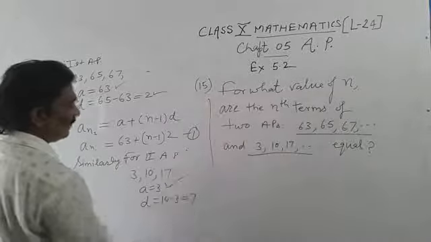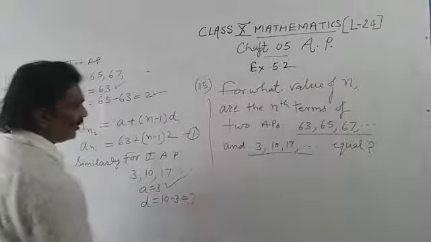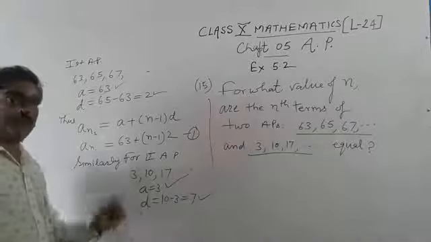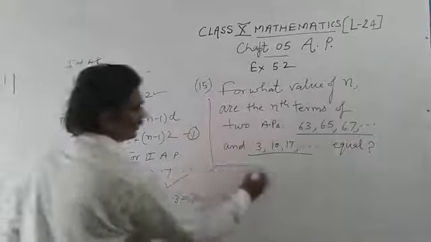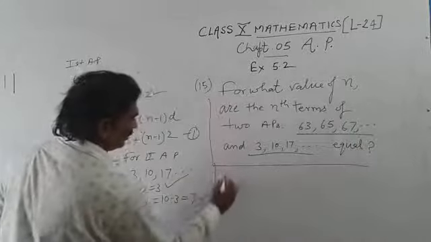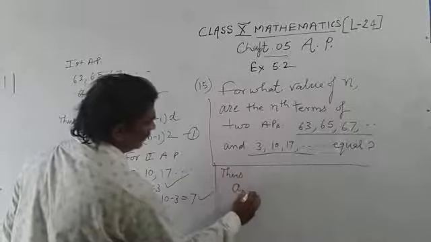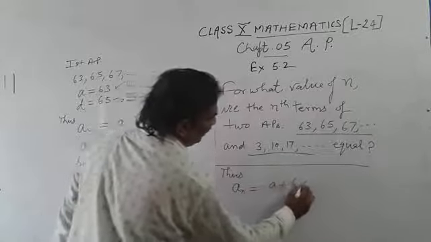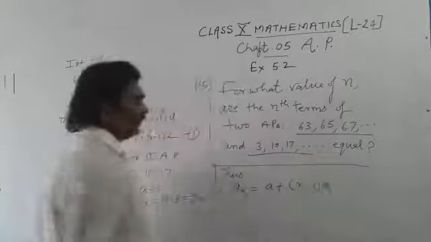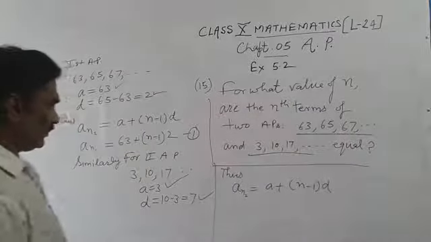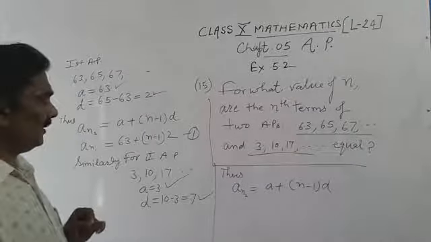First term is 3 and common difference is 7. Now to find the nth term of this AP, an2 is equal to A plus n minus 1 into D. You should not worry about that.